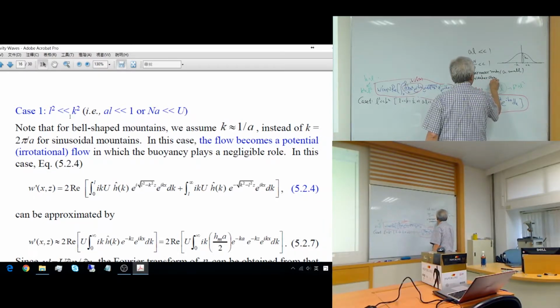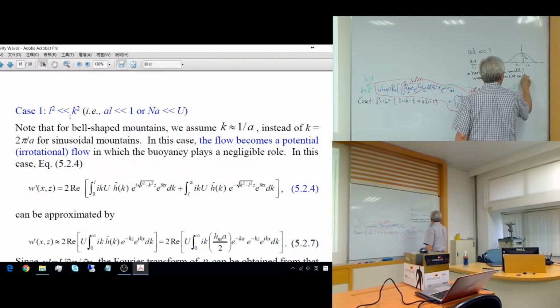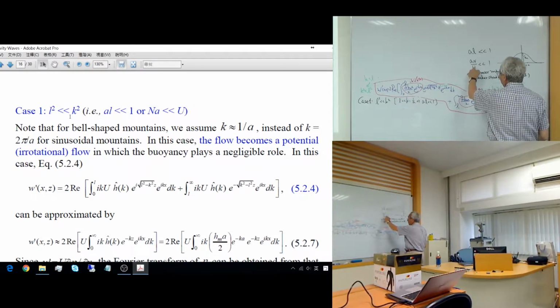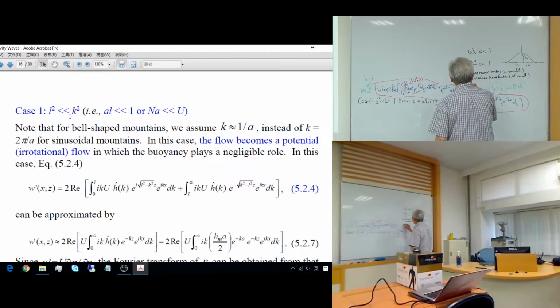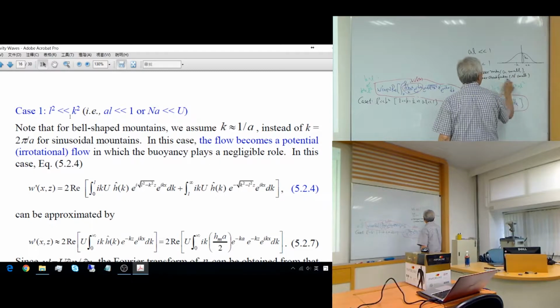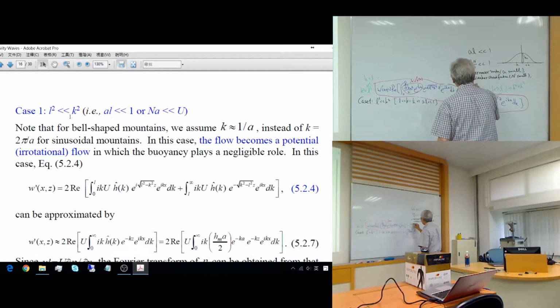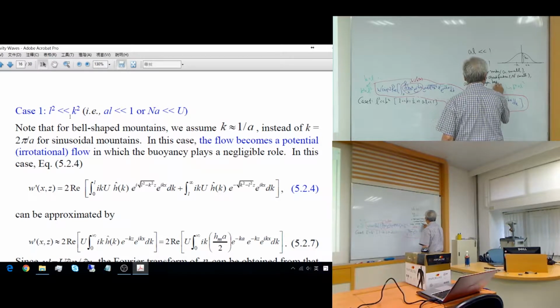That means N is small, or a larger U to make this whole term small. U is large, that means stronger wind, basic wind.